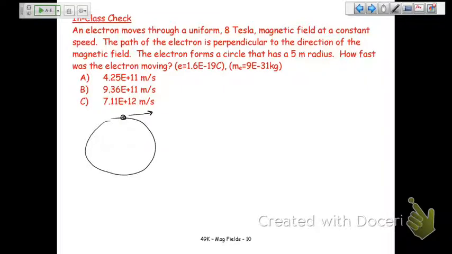So my V would be like that. If it was a positive, I'd want my magnetic field to come out of the page towards me. Point in terms of your velocity, curl towards your magnetic field to give you your thumb pointing downwards. But this is an electron. So rather than the magnetic field coming towards me, the magnetic field goes into the page.